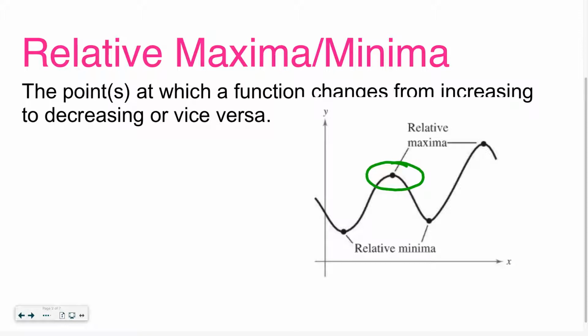If we were going to actually identify the maximum for the function, that would be called a global maximum, meaning there's only one, it's for the whole function, it's the highest point.